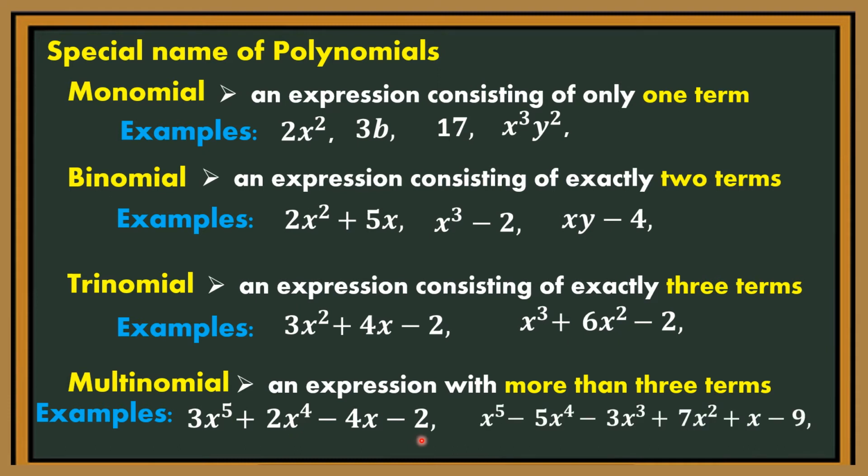Another, x to the 5th minus 5x to the 4th minus 3x cubed plus 7x squared plus x minus 9. Let us count. 1, 2, 3, 4, 5, 6. So it has more than 3 terms.